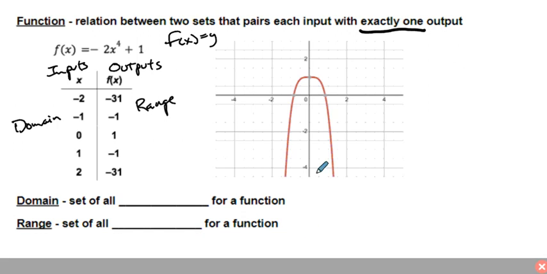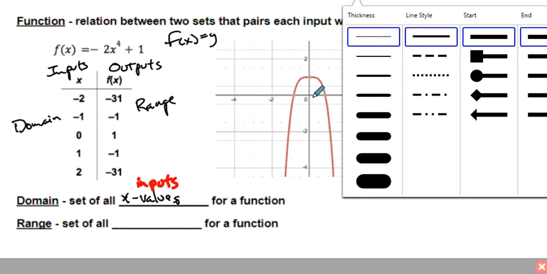Domain is the set of all x values. That's the first way I would write it, but another way you can write it is the set of all inputs. So the set of all x values is the set of all your inputs.